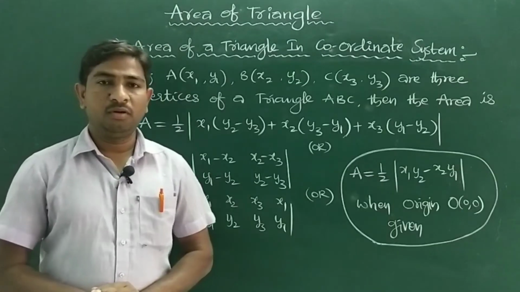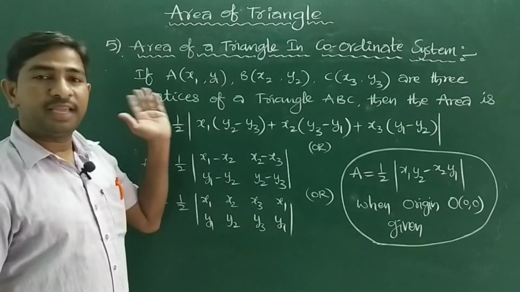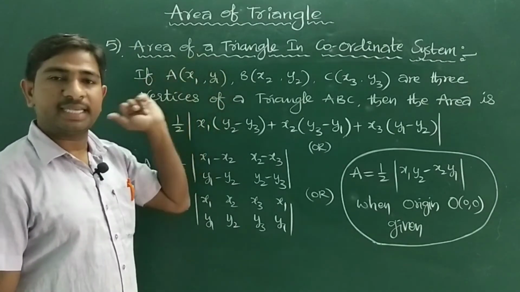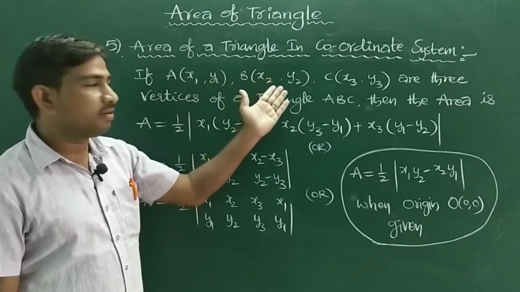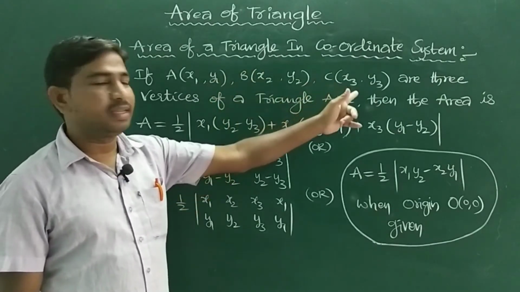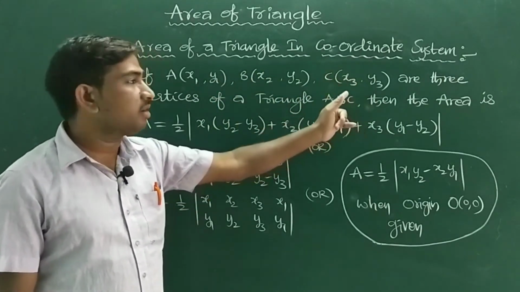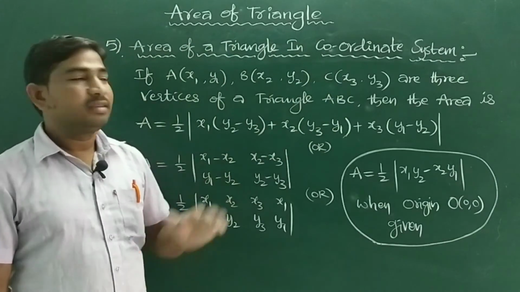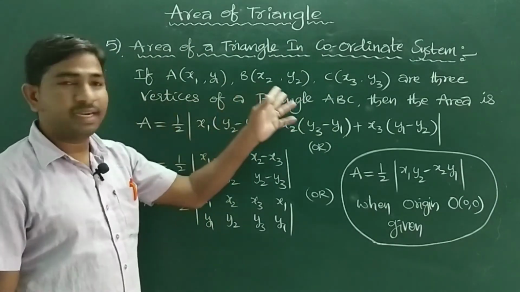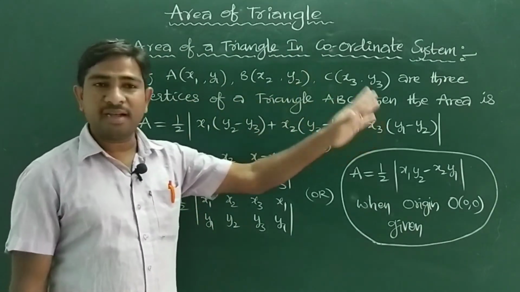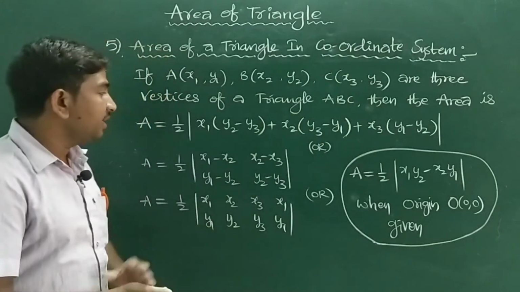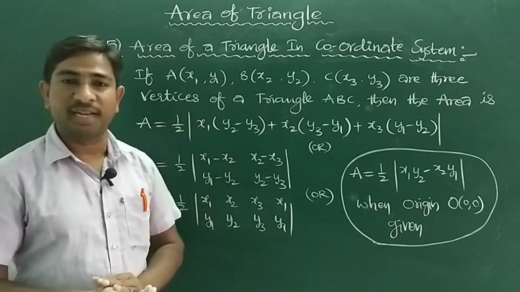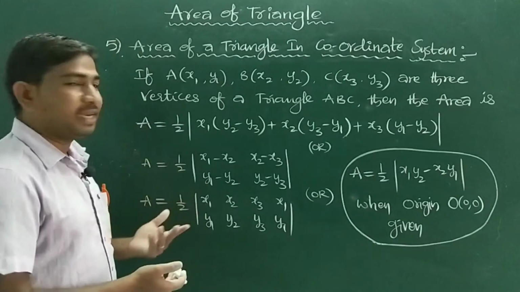Now see that if A (x1, y1) is one of the vertices and B (x2, y2) is one of the vertices, C (x3, y3) is also one of the vertices of any triangle. These three are vertices of any triangle ABC. Then the area of a triangle, by using these formulas we will get in the coordinate system. What is it?